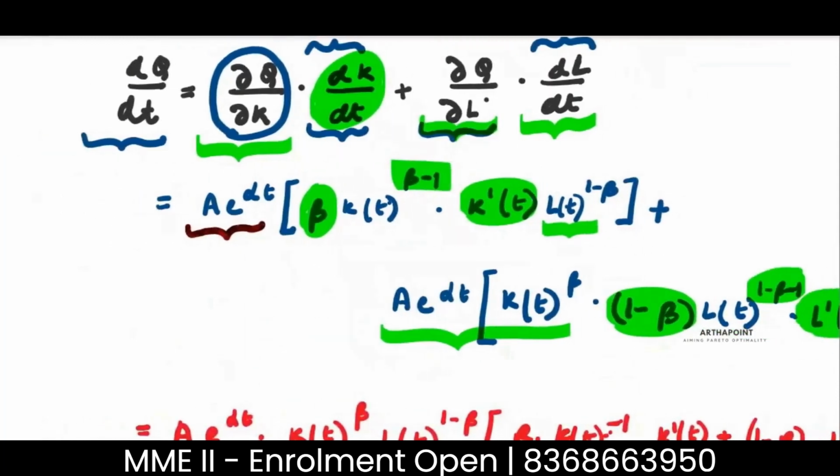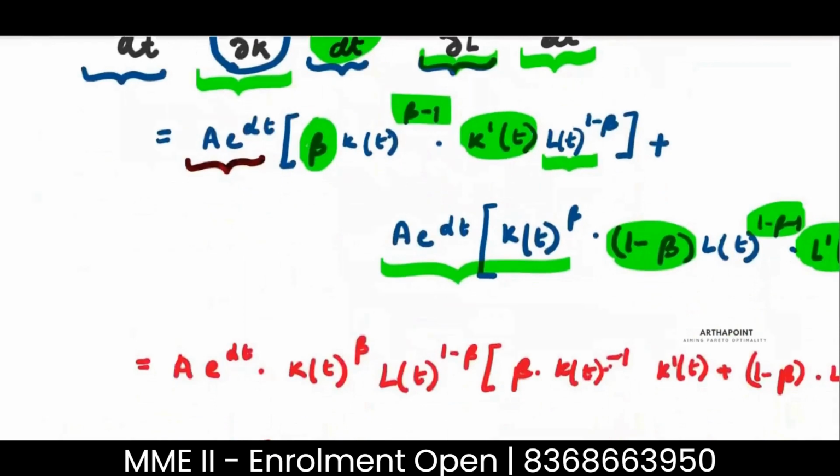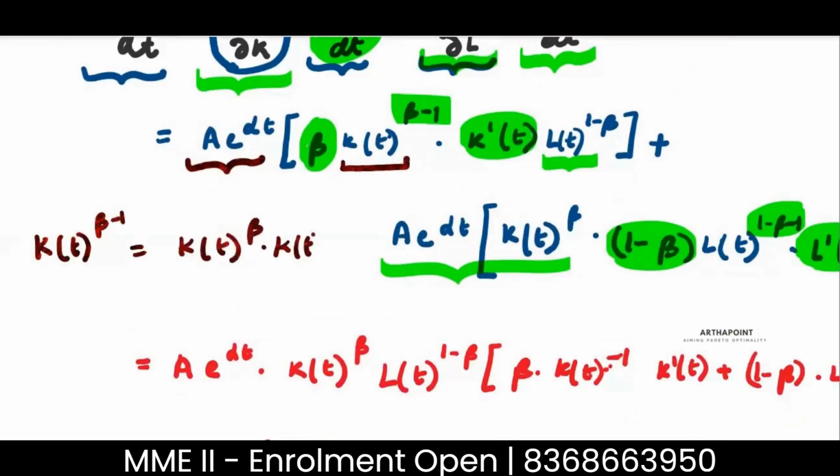Now, please see what I am doing next. See, if you notice, this part here, K_T to the power beta minus 1, this is nothing but K_T to the power beta into K_T to the power minus 1. Isn't it?